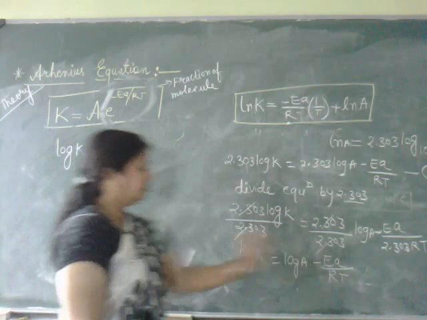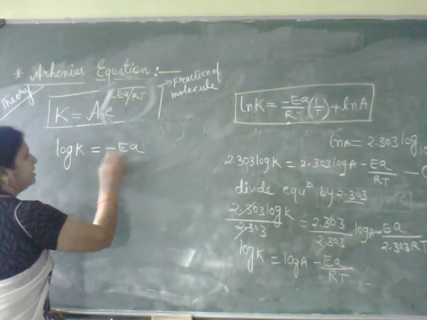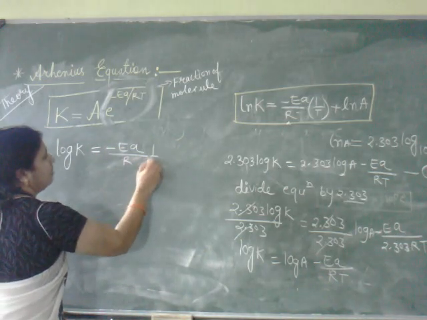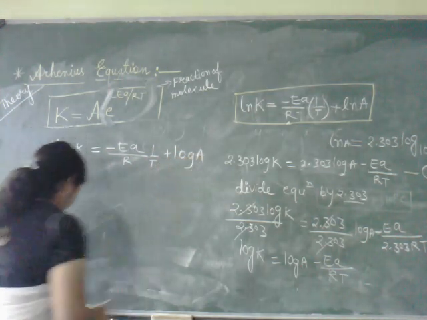This log to the base 10, no need to write the base, we can just write log K. So we have got log K is equal to log A minus EA by RT. I am writing this equation in this way: minus EA by R into 1 by T plus log A.